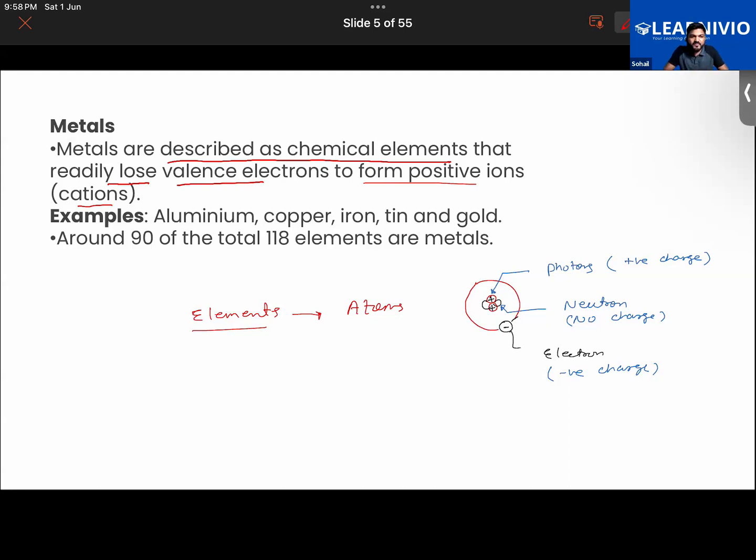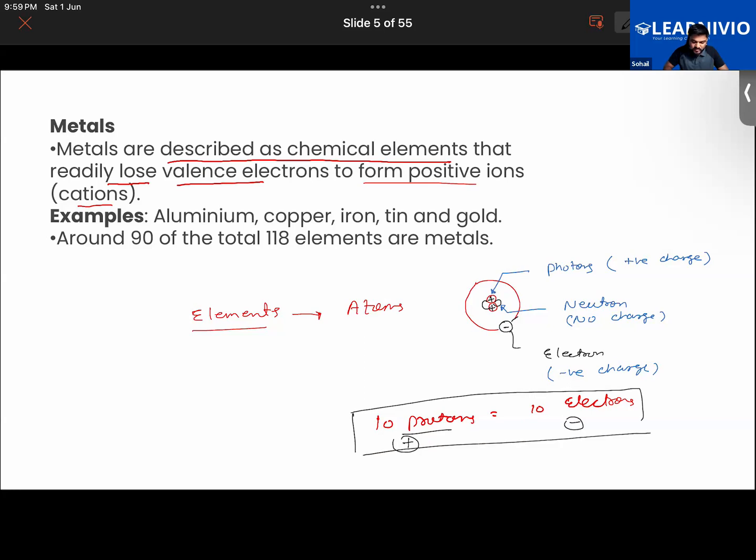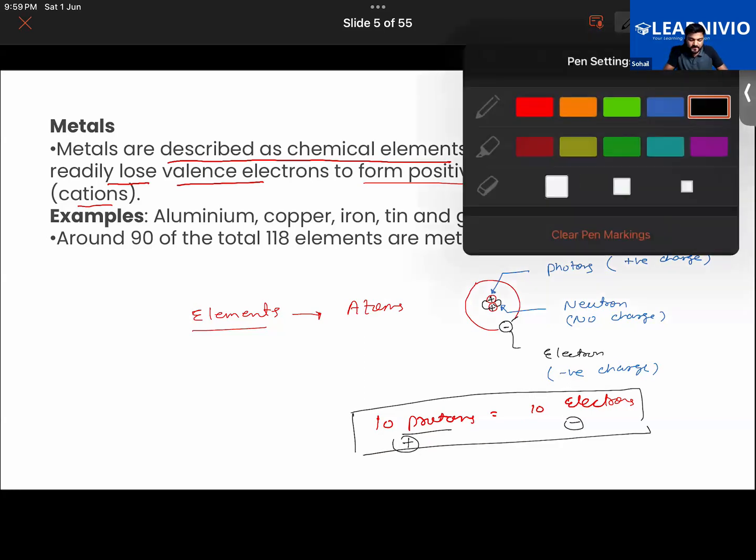For example, in a neutral state, if an atom has 10 protons, it will also have 10 electrons. Positive equals negative. Positive charges and negative charges are equal. So in this situation, they are said to be in a neutral state.